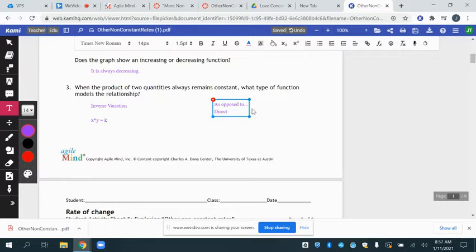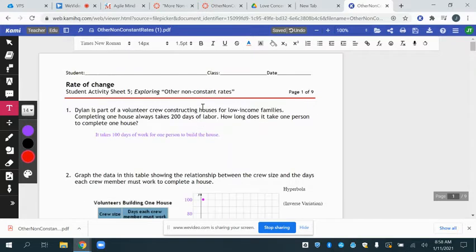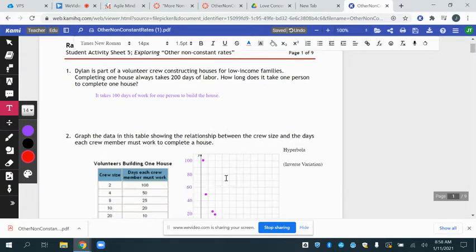Direct variation, which was y equals k times x. You can go back to an old assignment to see that. This is direct variation. Inverse variation is what we're talking about here. They make a completely different shape. And what's important is you notice this is a non-constant rate. How do we know?